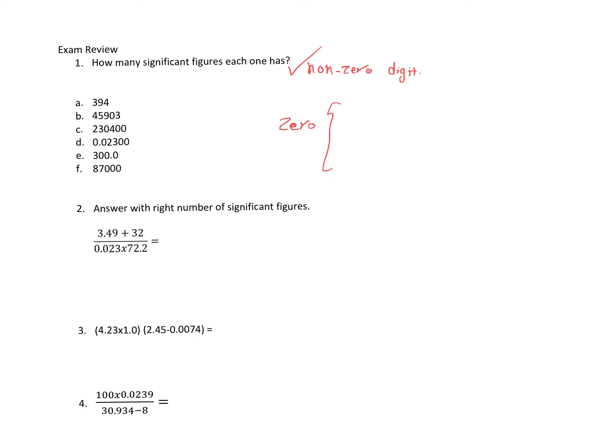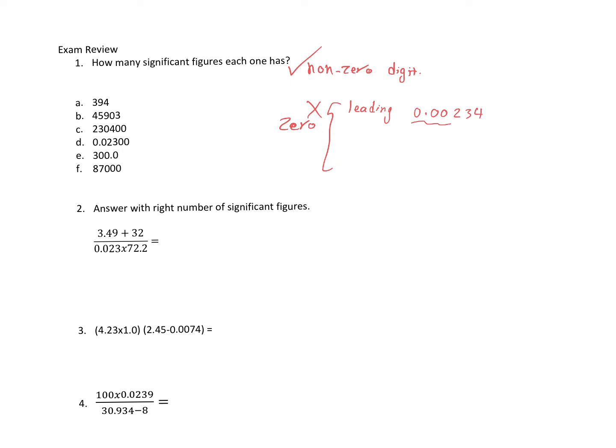It's either a leading zero. Are leading zeros significant figures? No, they're not. Leading zeros are the zeros that come before a non-zero digit, like 0.0234. These are the leading zeros, and they're not significant figures.